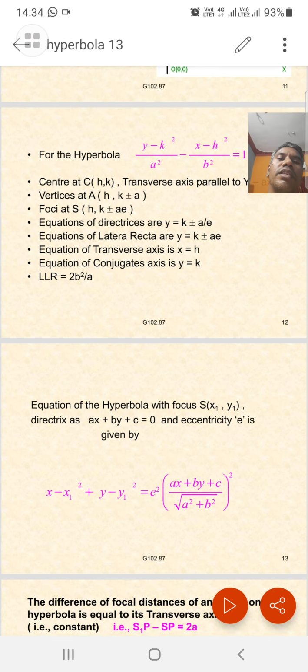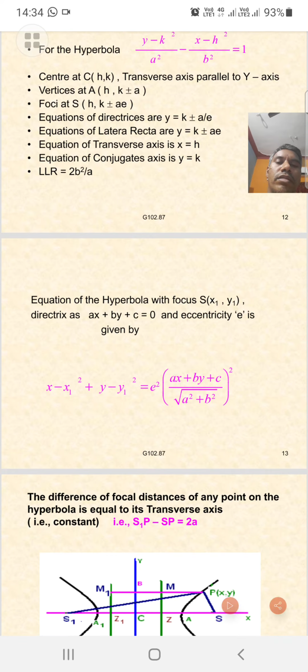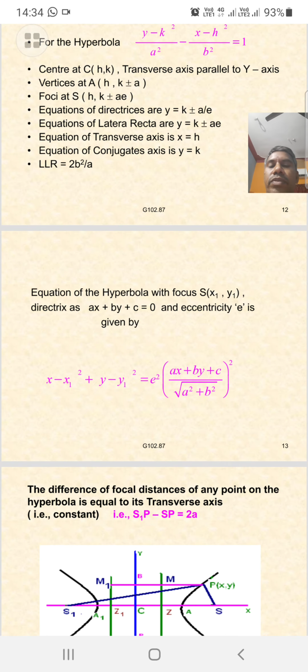In the same way, greater than 1 also we have so many numbers, that is 1.1, 2, 3, 4. That's why we have to write e for ellipse and hyperbola. For a parabola we need not write its eccentricity e or its value.